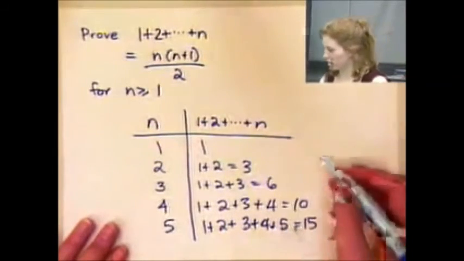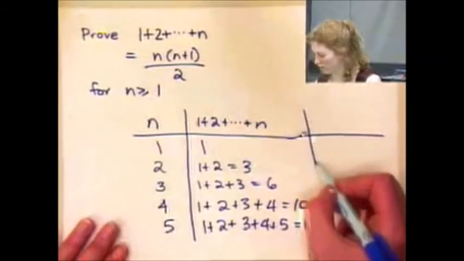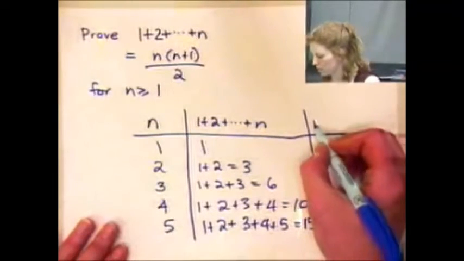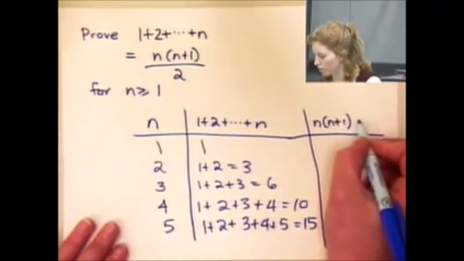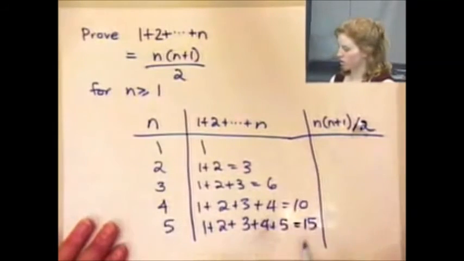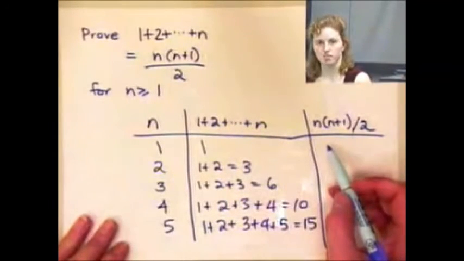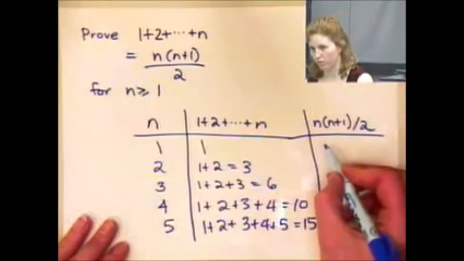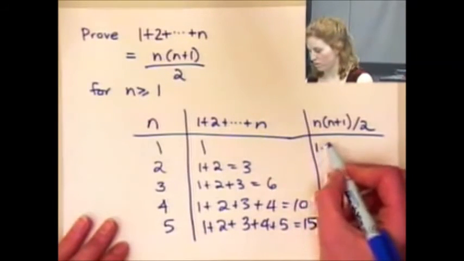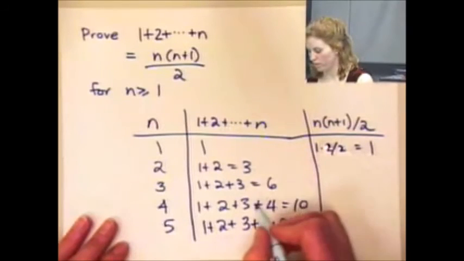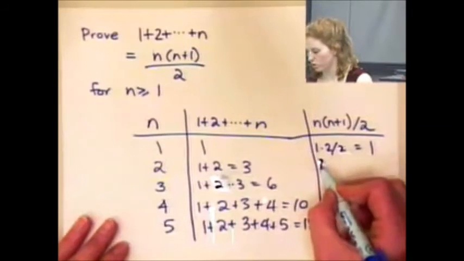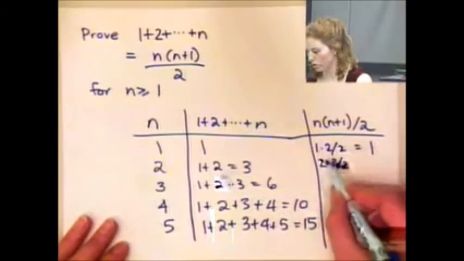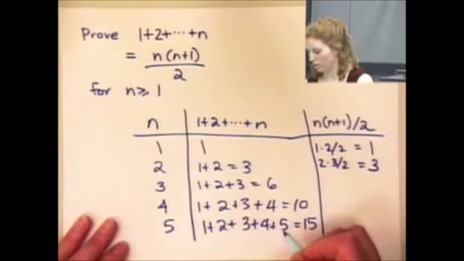So let's go back and fill in the other part of the table, which would be the function that we think matches with this, n(n+1)/2. In this case, n(n+1)/2 is 1 times 2 over 2, which is 1. In this case, that's 2 times 3 over 2, which is 6 over 2, which is 3.